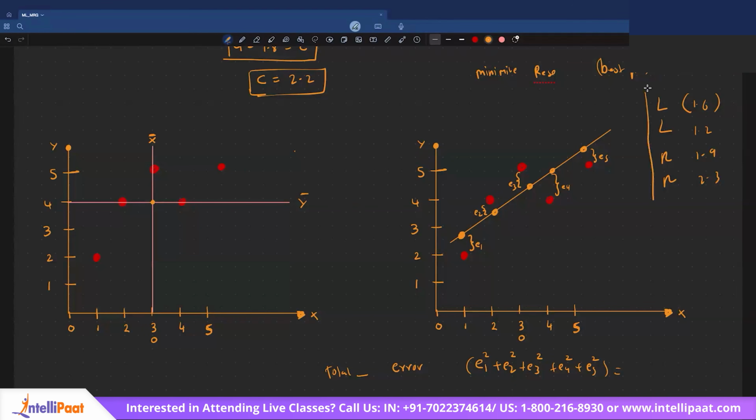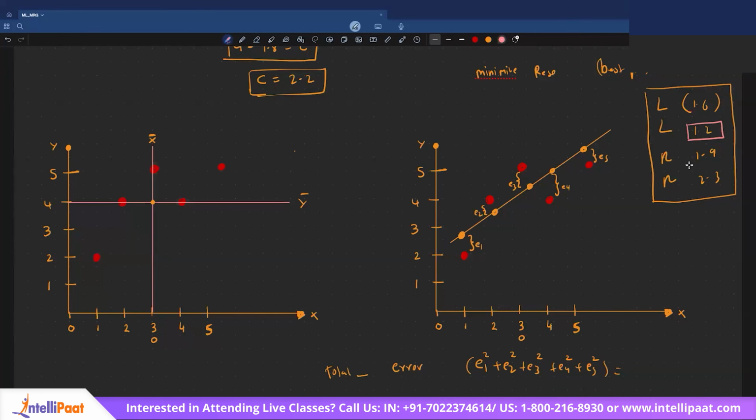Which line gave me the least amount of error? In these 4 rotations, 2 to the left and 2 to the right, the one that gives the least error is your best fit line. Did that logically make sense?